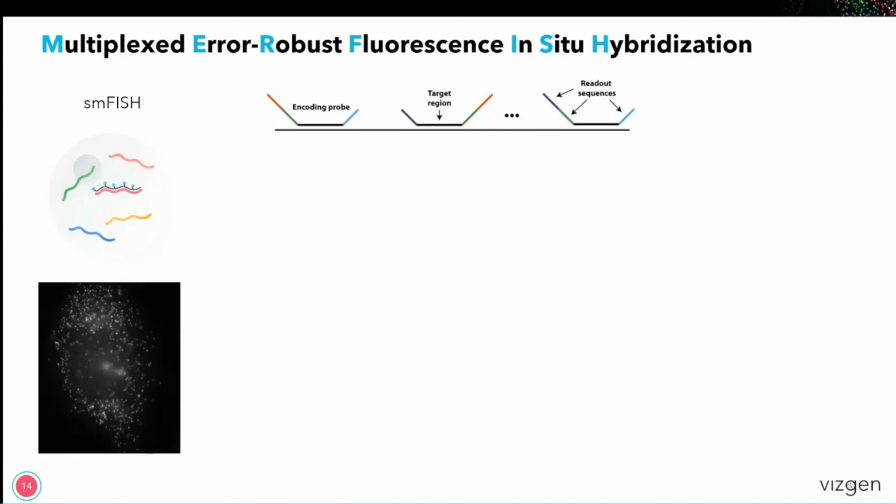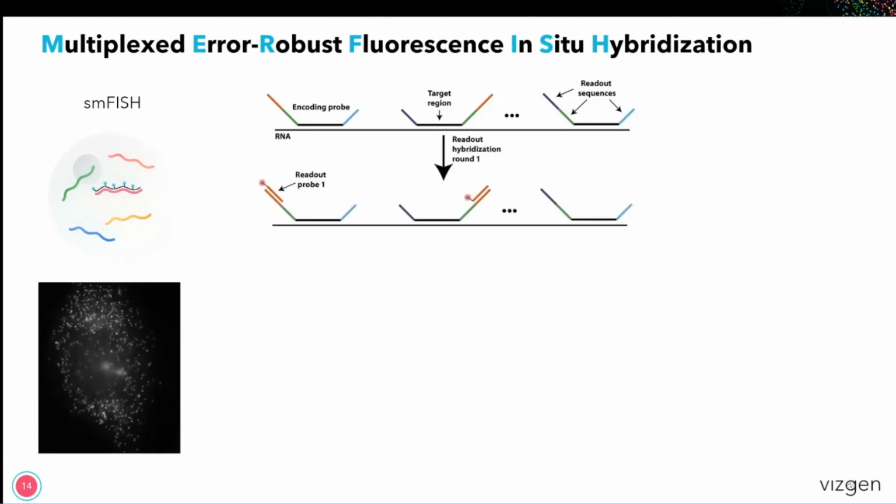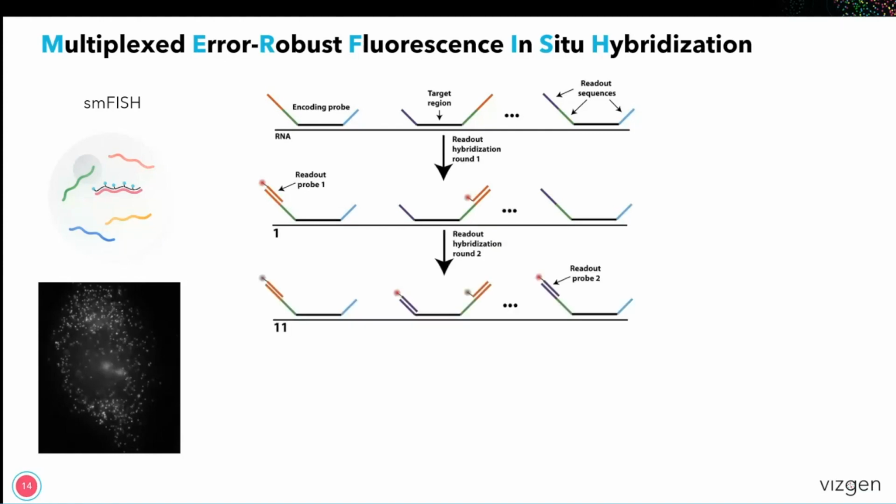The encoding probes, without fluorescent signal, are first hybridized to the RNA target, with probes targeting different RNA species carrying a handle that could be bound by a secondary readout probe. Then, in different imaging rounds, different readout probes with a certain fluorescent signal bind to the encoding probes, and images are taken by the microscope.